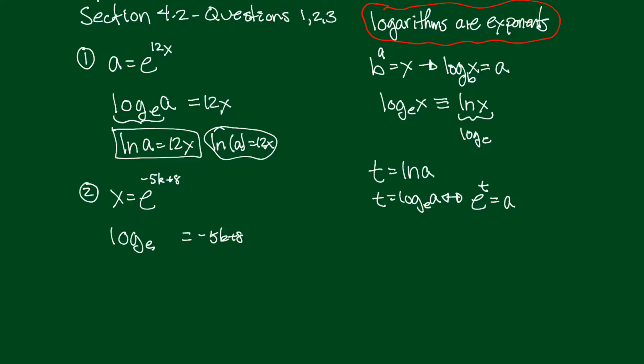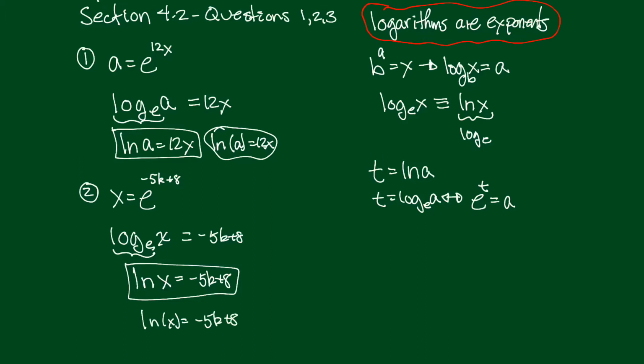And what's left here is the x. So the logarithm, base e, of x is negative 5k plus 8, but because I have the log base e, I'll write that using that other notation. Natural log of x is equal to negative 5k plus 8, or if you want to put parentheses around that x, that works too.